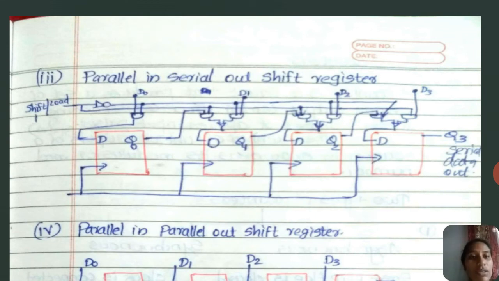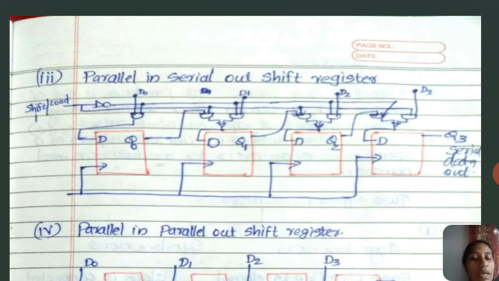Okay, considering the D1 flip-flop, which is the second flip-flop in the representation, you can see Q0 from the first flip-flop. The result of Q0 should be moved in a serial fashion towards D, as well as D should get the value of D1 as input, which should be in the parallel manner.